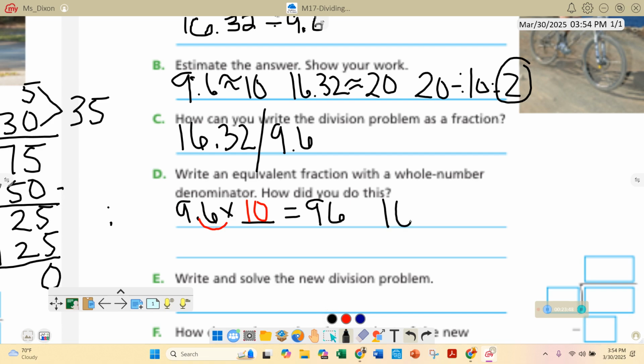So that's going to be 16 and 3200 times 10. Okay? That means we're going to move our decimal how many places to the right? Not 2, but 1. Because we have to keep them what? Equivalent, equal, the same.